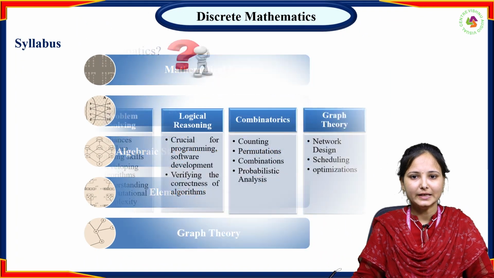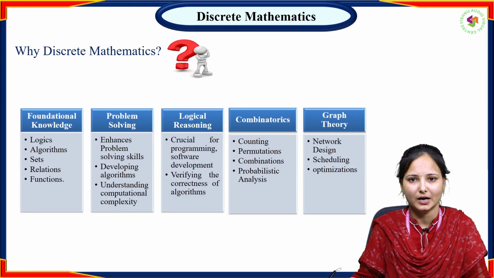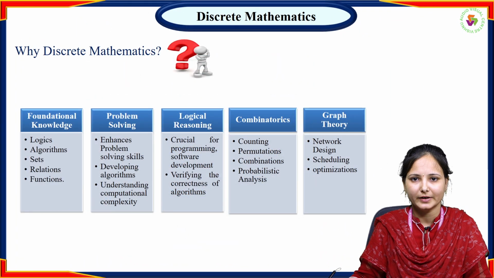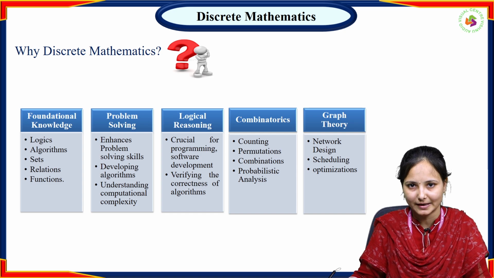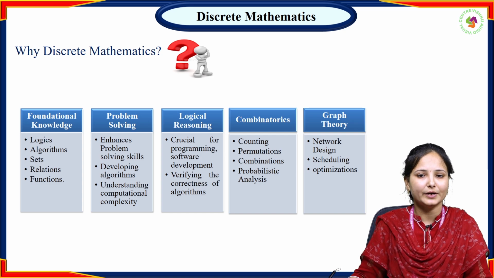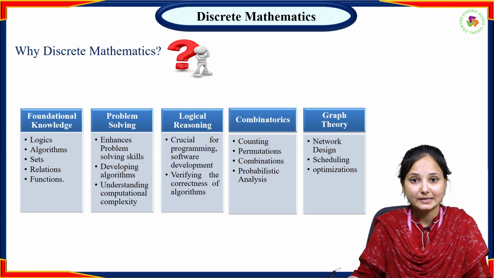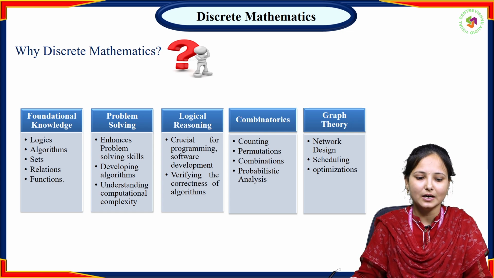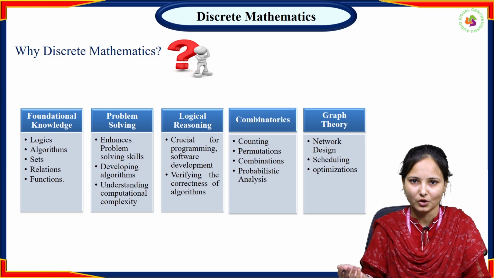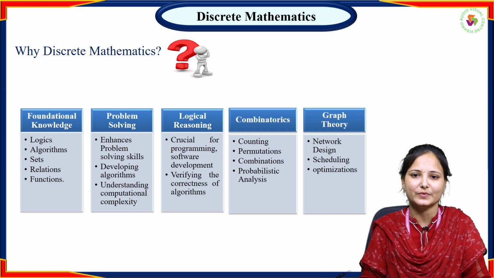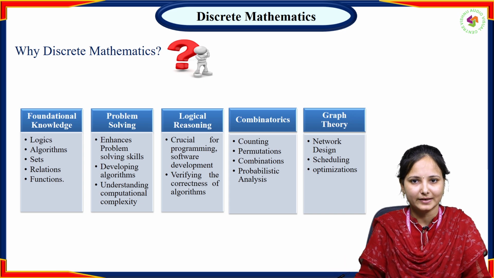Now, why do we need this subject as a part of our AIML or different core subjects? Basically, discrete mathematics deals with logic. It gives fundamental knowledge about what logics we have, what algorithms we have, what is meant by sets, and what the relations are.